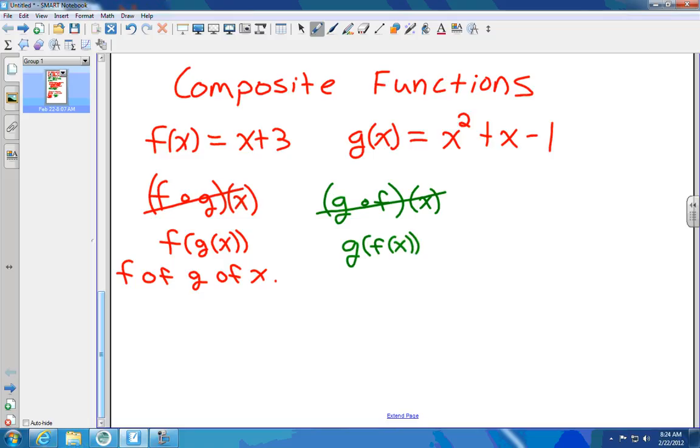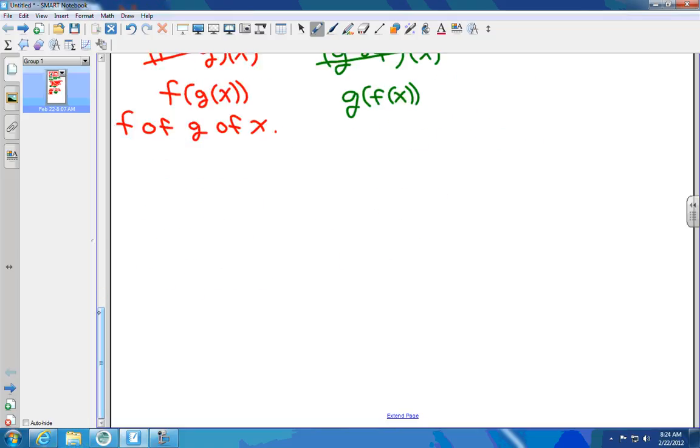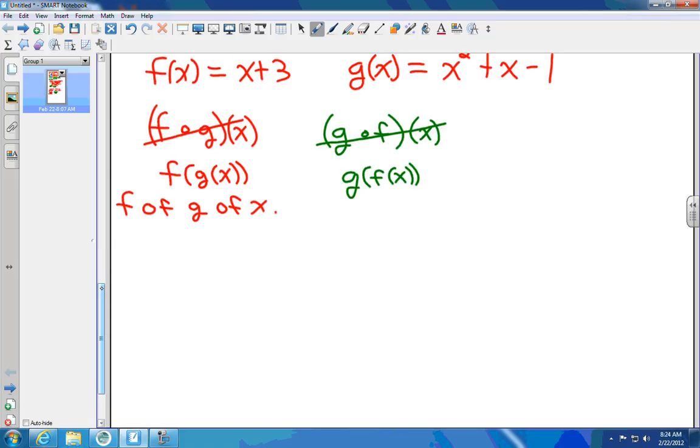Just replace the open circle with that next thing down there. So then getting back to what we're finding in this problem, because this is what they want you to find. We're going to find f of g of x.